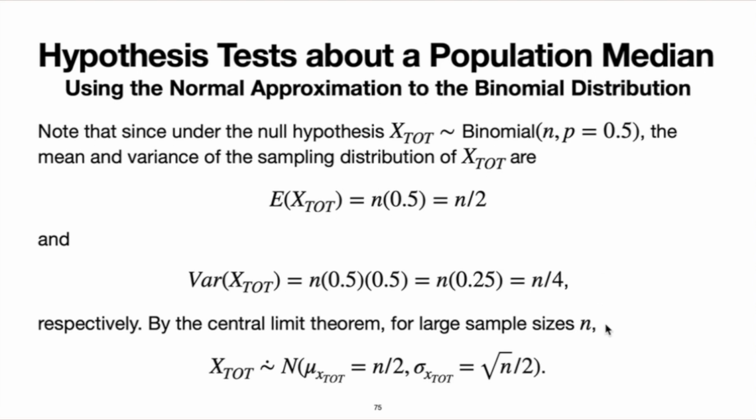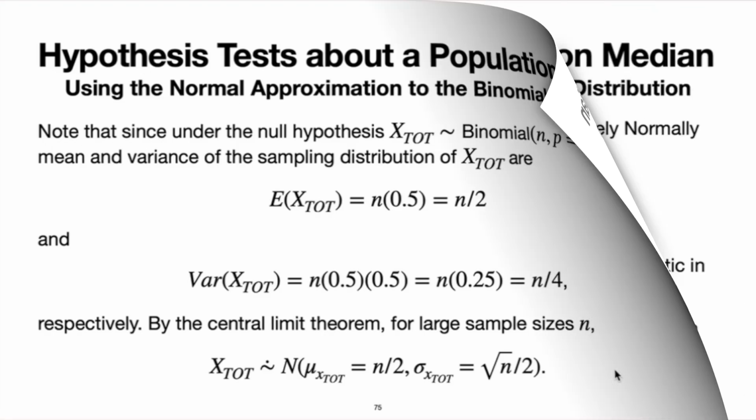But for large enough sample sizes, that exact sampling distribution can be approximated by this normal distribution. And in particular, we can use the normal distribution in those cases to very easily compute probabilities, such as computing a p-value, or finding percentage points of that distribution so that we could use that to find critical points.